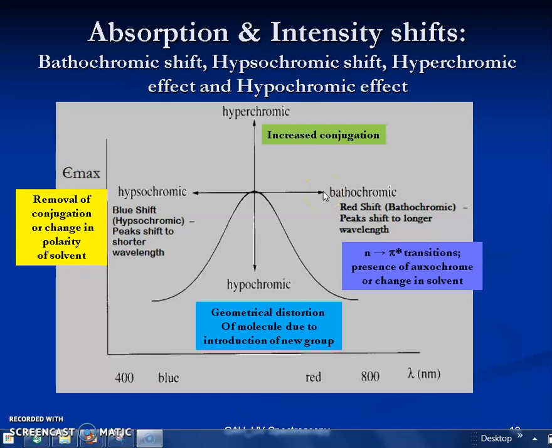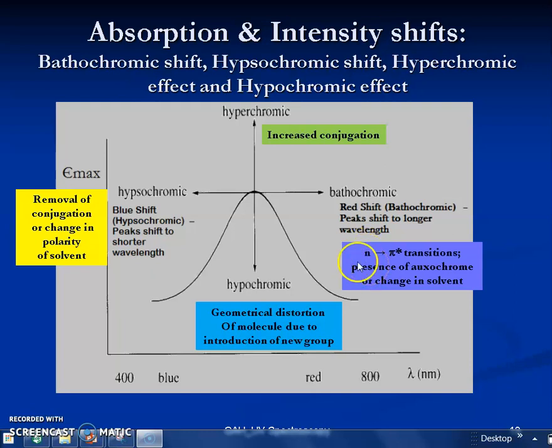So what are the reasons? We'll discuss in detail in the subsequent slides, but just to brief you, the reason responsible for bathochromic shift is adding auxochromes that have n, or lone pair of electrons.